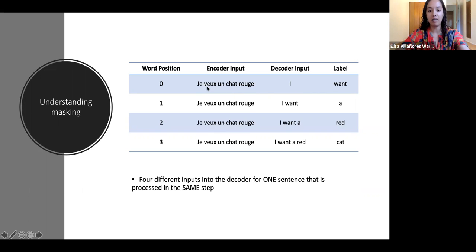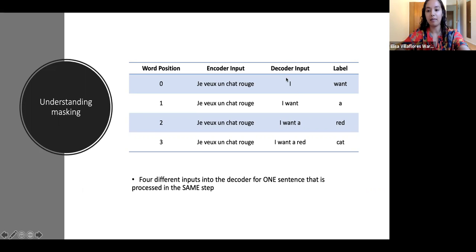So what we can actually do is turn this one sentence of 5 words into 4 different examples. The encoder input will always stay the same, because the encoder input is simply the French sentence turned into some kind of feature vector or feature matrix. And from the decoder, we can get new examples.